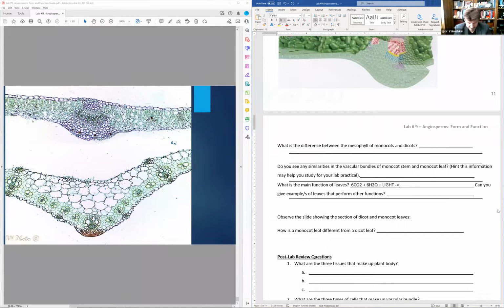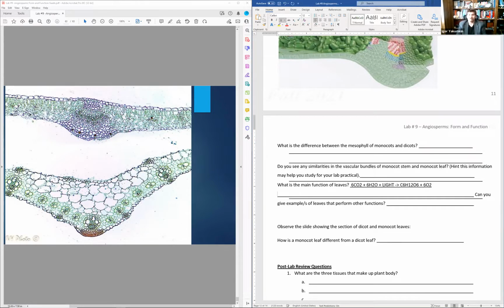Then it will produce something really nice and sweet, C6H12O6, glucose. That's the general formula of glucose. What else? The stuff which we are breathing, O2. That's it. This is the reaction which I'm looking for.